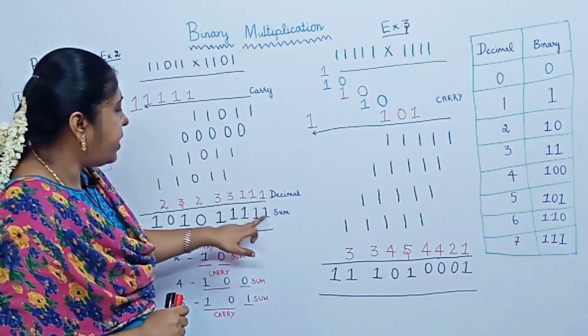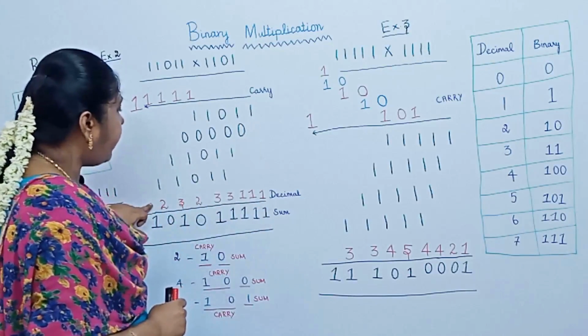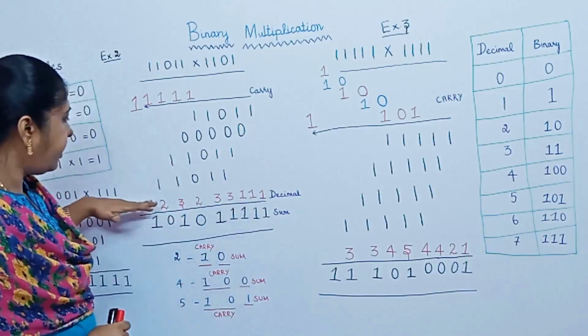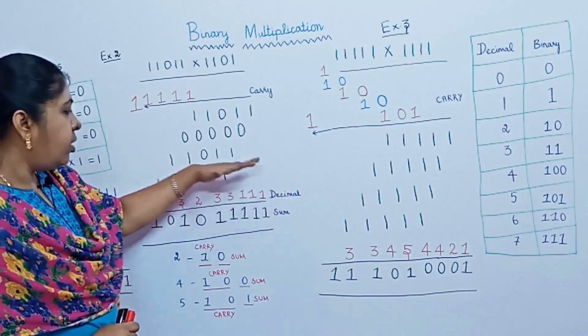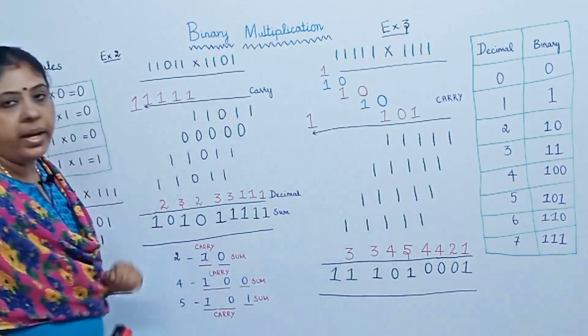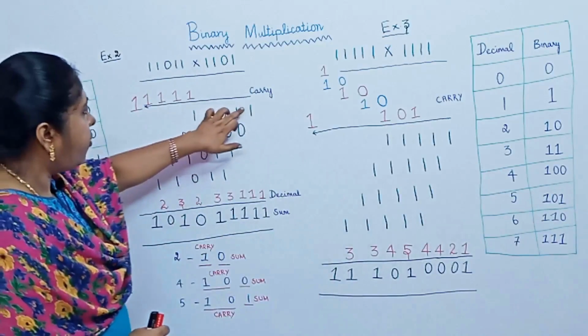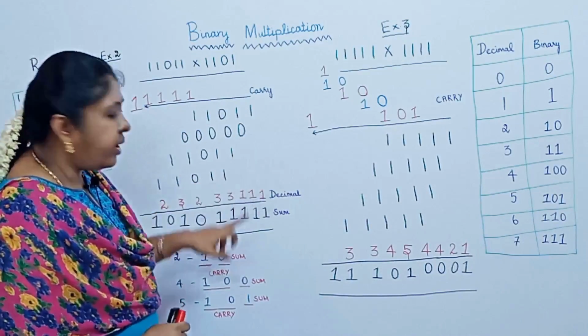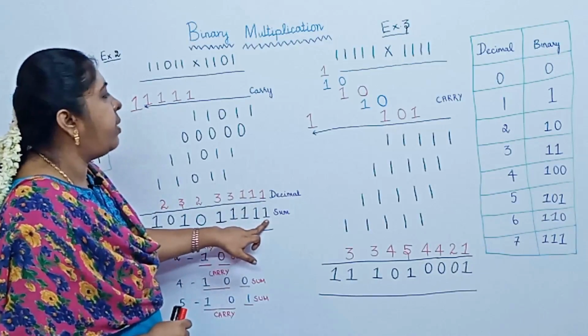So 1 is placed here. Here, in red color, the decimal value is represented. For your understanding, I have written the decimal values so that by using the table we can directly substitute the binary values. So for 1, the decimal value is 1, its binary value is also 1, and it is placed here.